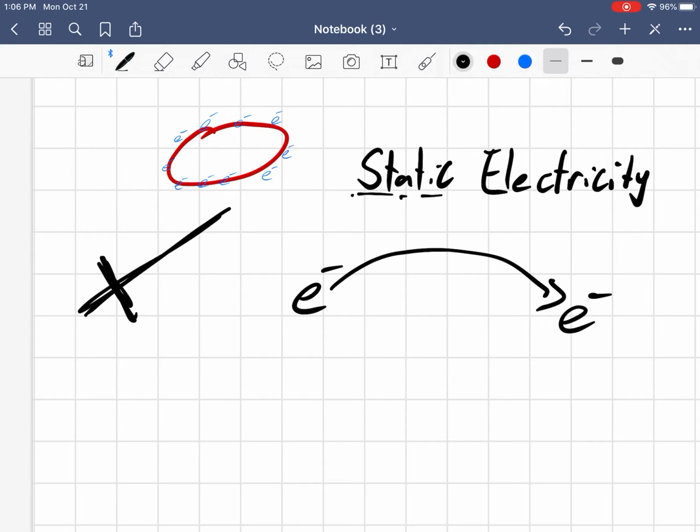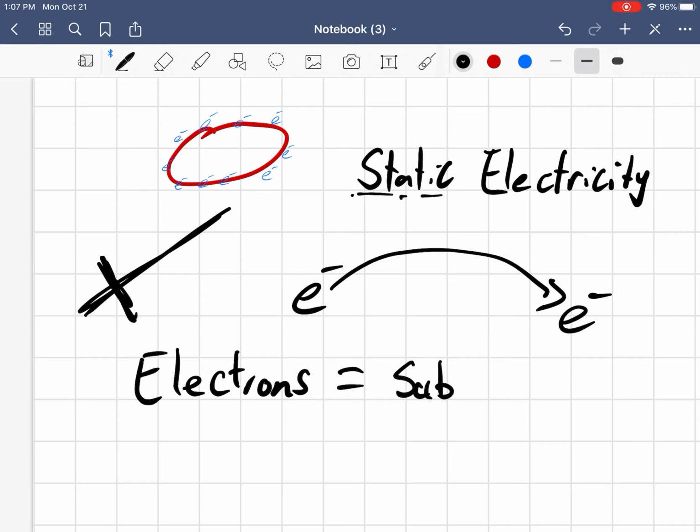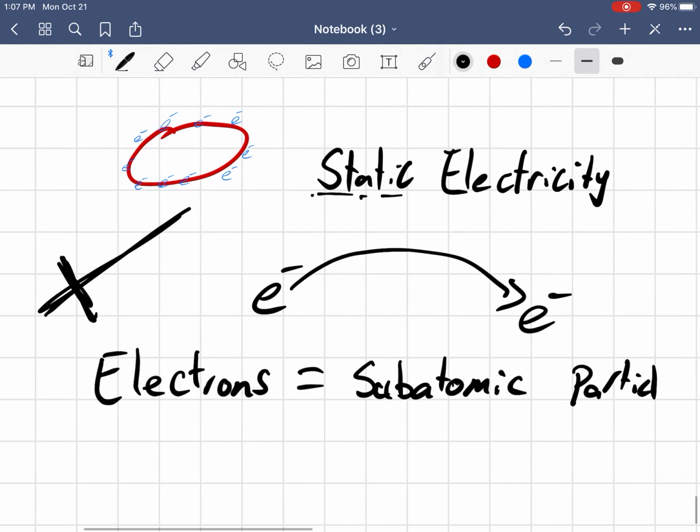Electrons are what we call a subatomic particle, and that means that they are sub, meaning smaller than, atomic, for an atom.